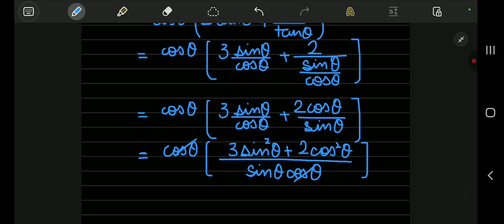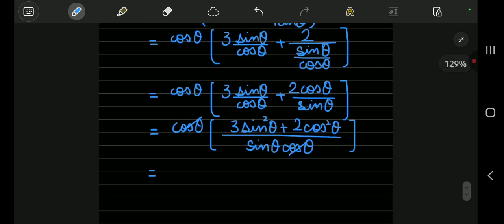So cos theta got cancelled. We will be left with 3 sine square theta plus 2 cos square theta.